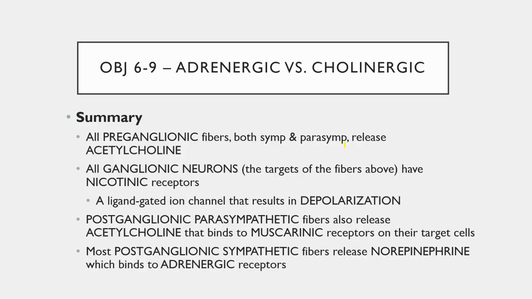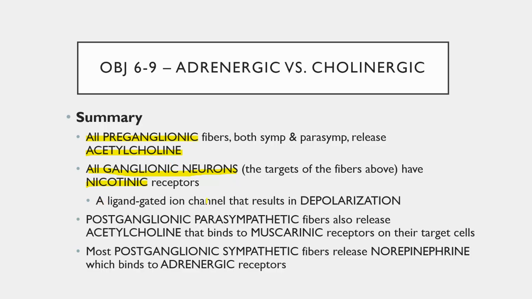All right, so as a summary, once again, all preganglionic fibers release acetylcholine. So all preganglionic neurons are cholinergic. All ganglionic neurons, which are going to be the ones that are in that ganglia, okay, they have nicotinic receptors. So your postganglionic cell bodies, they're all going to have those nicotinic receptors because all preganglionic were releasing acetylcholine.